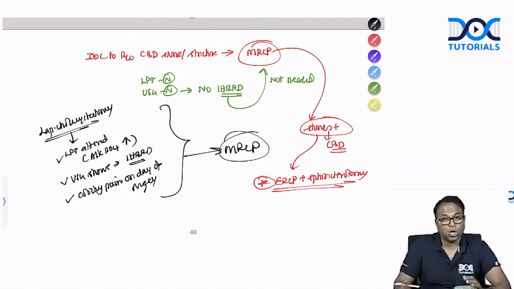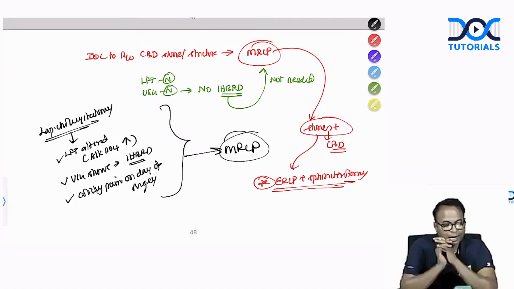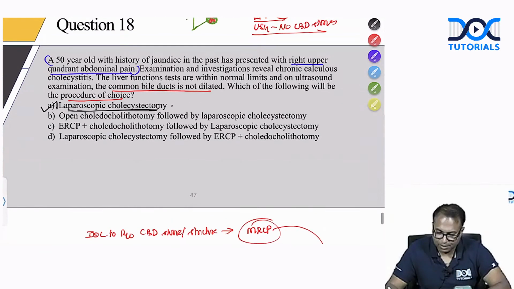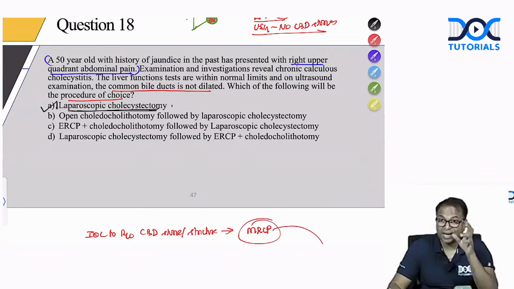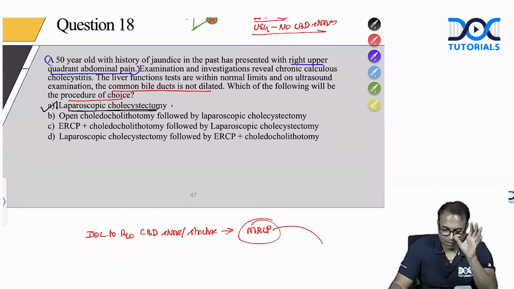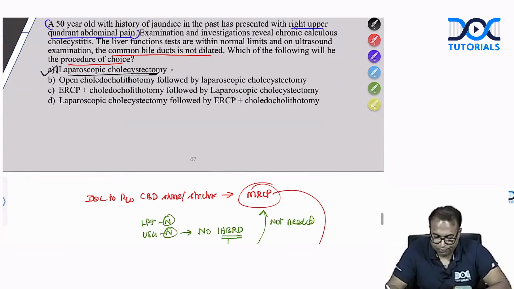Otherwise, ERCP not needed at all. Don't forget, this is a simple protocol for stones in the CBD. This question is again made to misguide you to go for CBD exploration or ERCP. Nothing needed because everything else is normal. Go for laparoscopic cholecystectomy, straightforward.